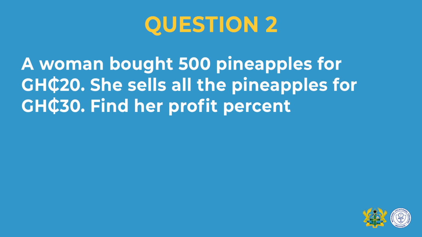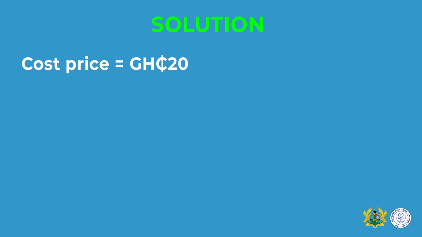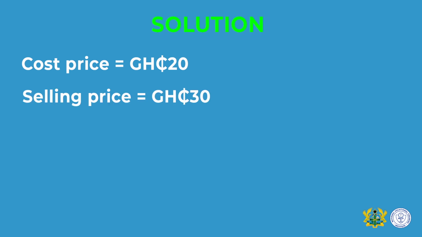But we all know that before you can calculate the profit percent, you need to have, first of all, your profit and then the cost price. We already know the cost price, and the question has also given us the selling price. So with these two terms, we can compute our profit, and based on that, the profit percent can also be calculated.